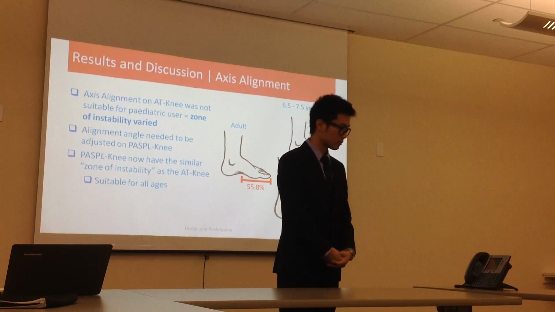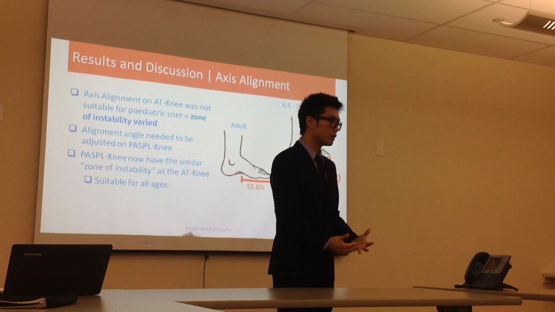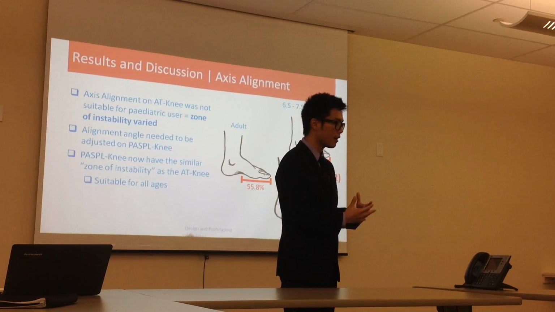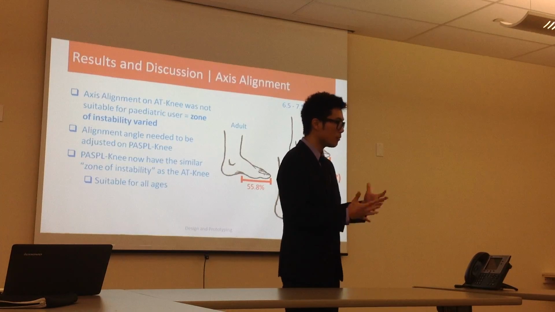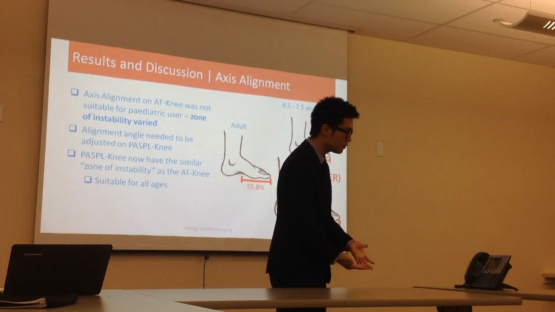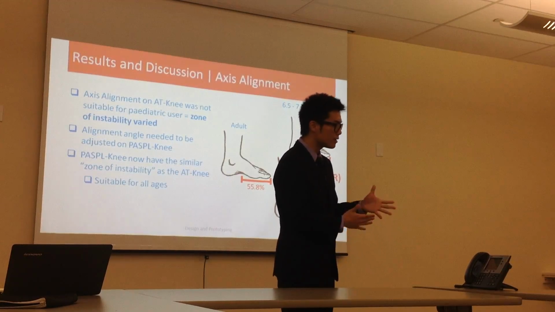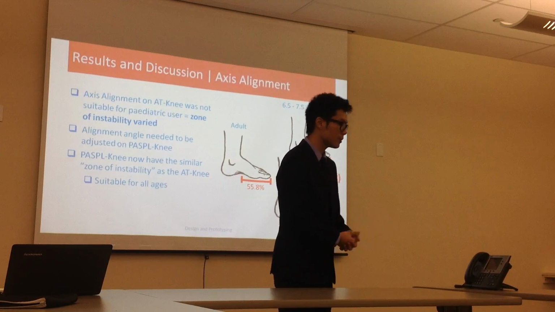Okay, great. So you mentioned the toe issue. Is that also something that came up with the AT knee, or is this new to your design? I do not think it happens with the AT knee, because the AT knee is pretty well established and has its optimal alignment. But for us, we do not know what the optimal alignment for the overall prosthesis would be, and we are trying to investigate if the axis alignment on the knee is optimal for the pediatric user.